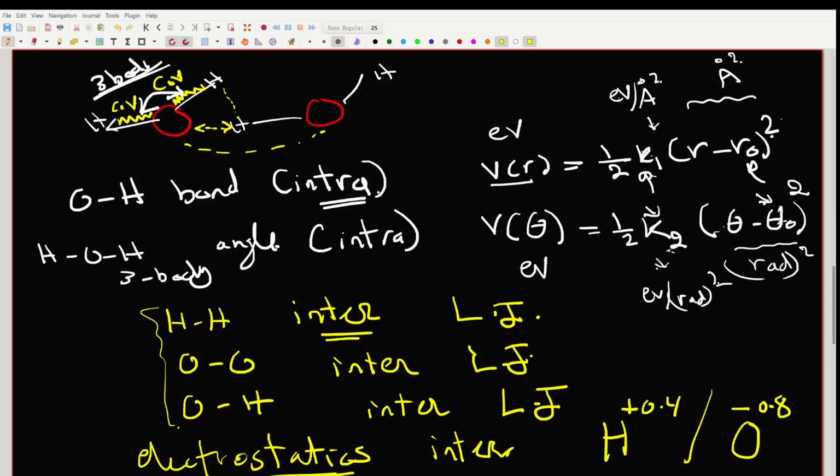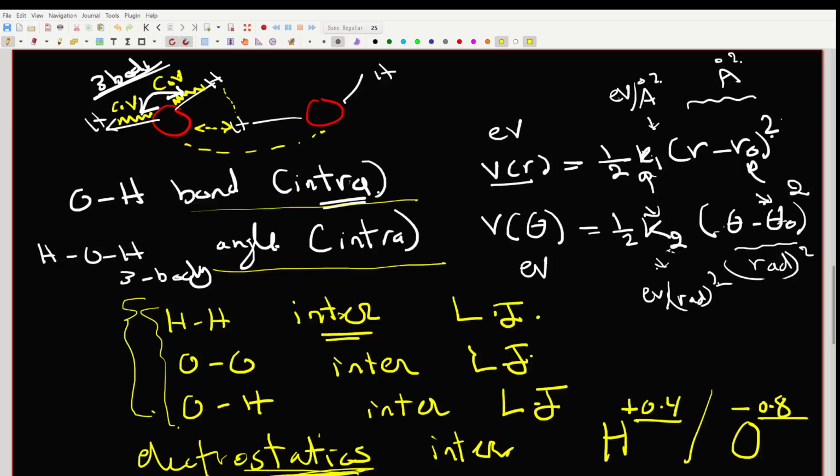Remember, there is more hydrogen than oxygen, hence the ratio in the charge is half. So water is one example of a material where you find covalent two-body, covalent three-body, van der Waals intermolecular, and some electrostatics as well. So it has covalent, ionic, and van der Waals interactions.